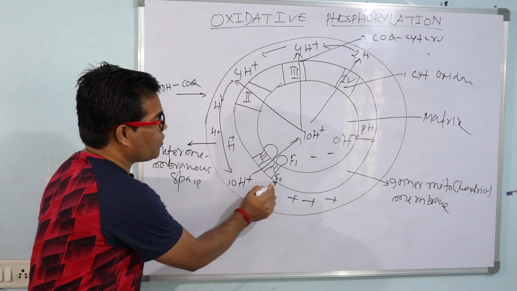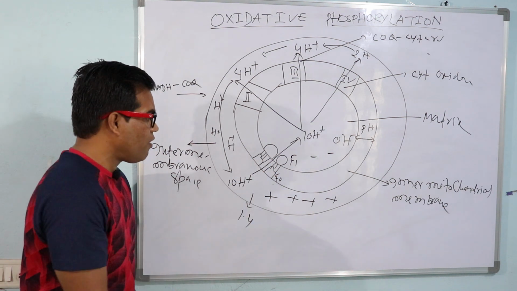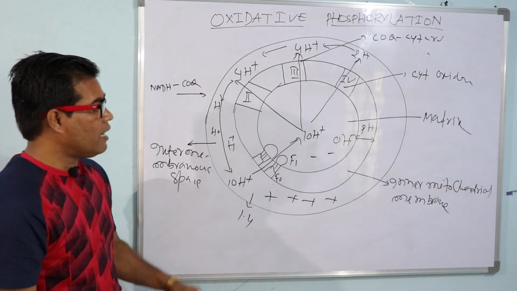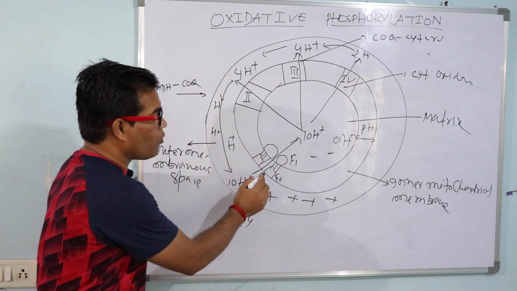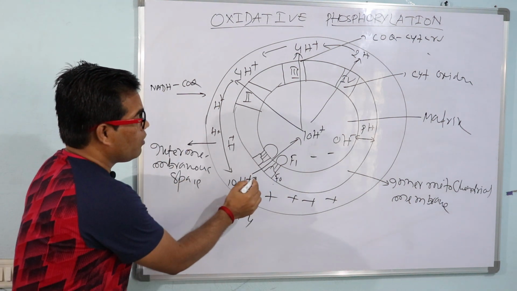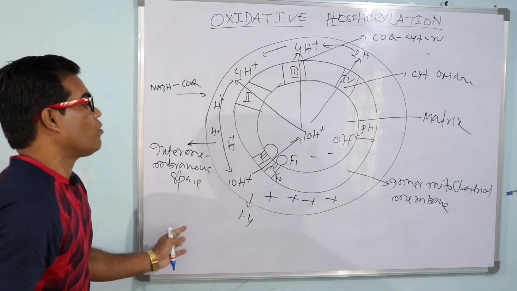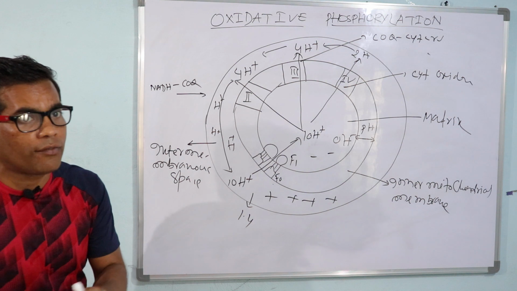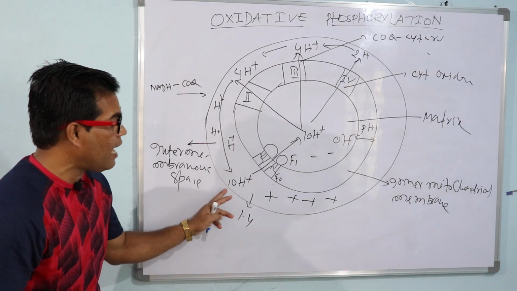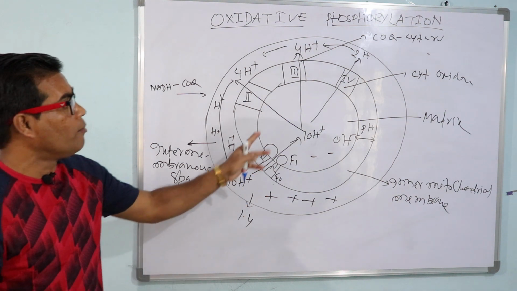We told here F0 and F1. This is complex 5: F0 is attached to the inner mitochondrial membrane, whereas the F1 protein is projected inside the matrix. The pores of F0 act as a proton channel, meaning it translocates protons or hydrogen ions between the intermembrane space and the matrix.